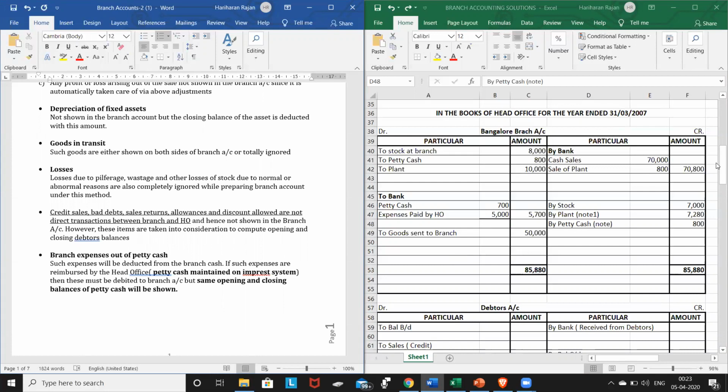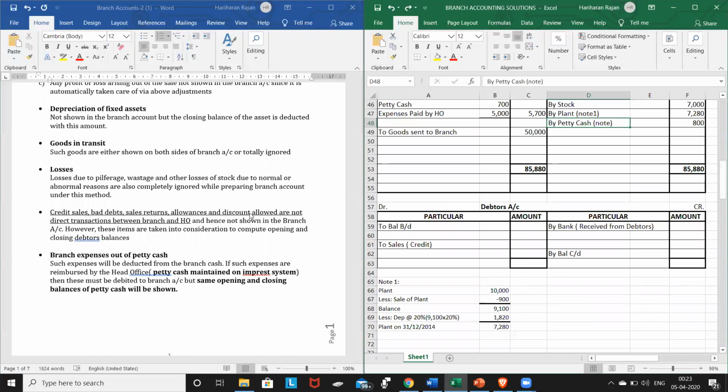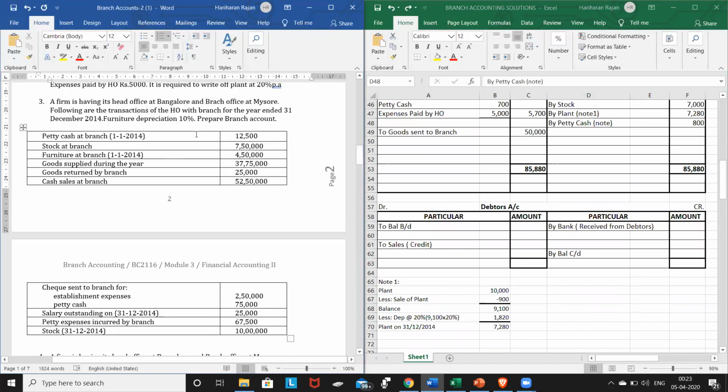So this is problem number 2 which is being solved. So let us go for the next problem. Question number 3. A firm is having its head office at Bangalore and branch office at Mysore.